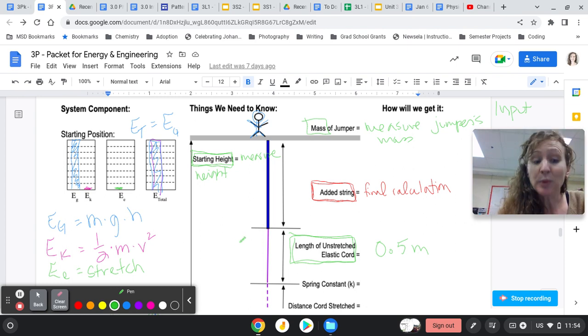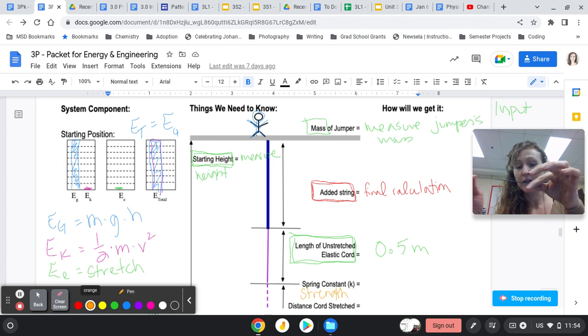Great. Okay, spring constant. So this is the strength of our spring or of our elastic cord. Now, this is something we can find out. Looking at this elastic cord, I don't know what the strength of it is, but we can find this.